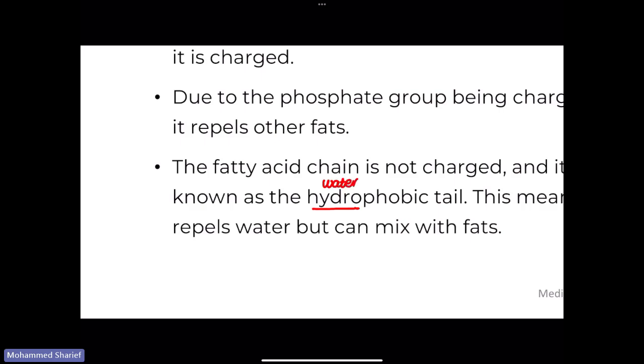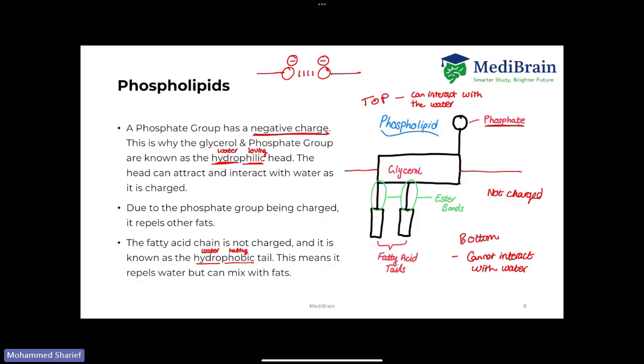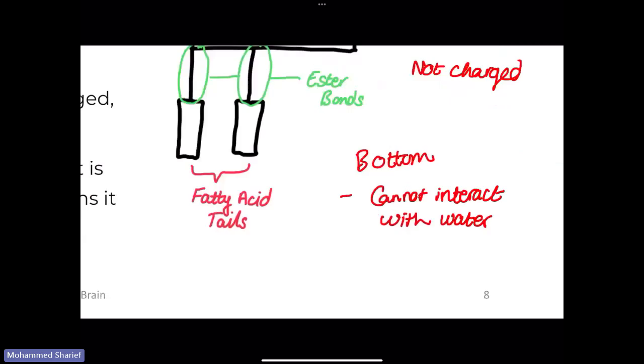So hydro means water. Phobic means hating. So the fatty acid chains over here, fatty acid tails over here, they're actually hydrophobic. They don't like the water. The top part loves the water, can interact with water as much as they want. The bottom part hates the water. It doesn't want to interact with water. Yeah, and that's because they're not charged.